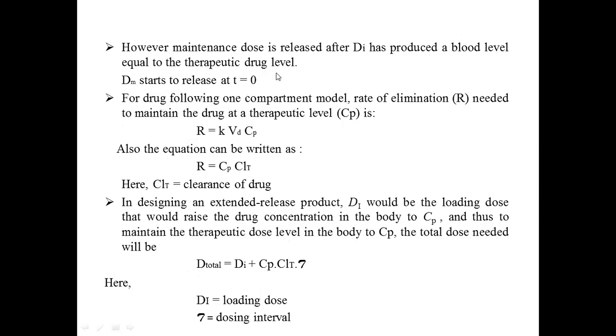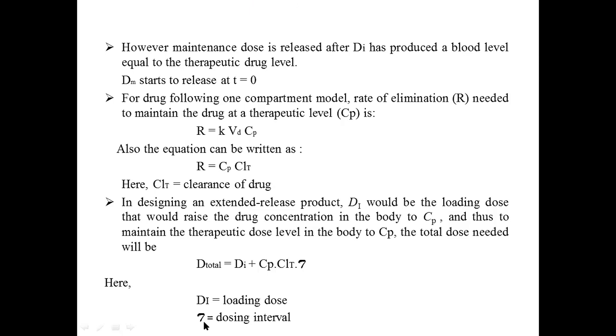However, the maintenance dose is released after Di has produced a blood level equal to the therapeutic level. Dm, or the maintenance dose, starts to release at time T. Di has produced a blood level equal to the therapeutic drug level. The maintenance dose also starts to release at time 0.